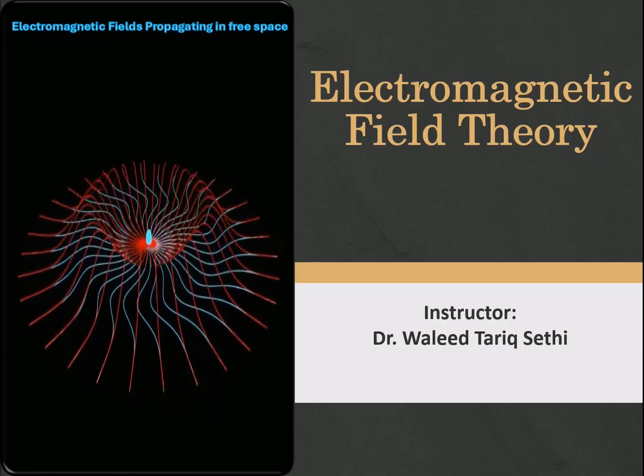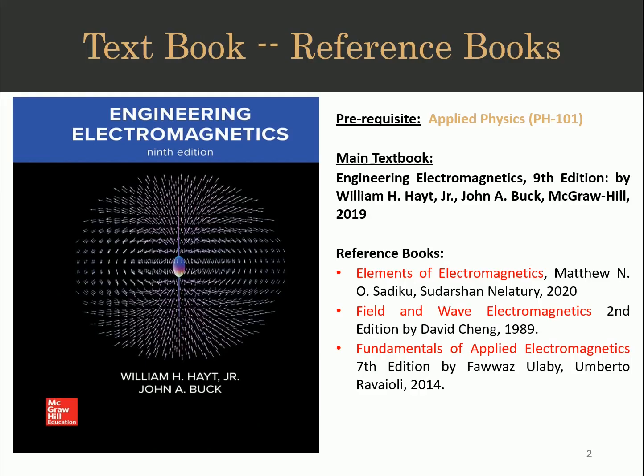So now let us look at the basic things needed to learn about this course. As always, we are going to stick to a main textbook. For this course, we are going to use the 9th edition of Engineering Electromagnetics written by William Hayt and John A. Buck. This edition was launched in 2019. And to add more to your knowledge, we are going to follow these three reference books. The first is Elements of Electromagnetics, written by Sadiku and Nelakuditi, where a very basic understanding of concepts is presented.